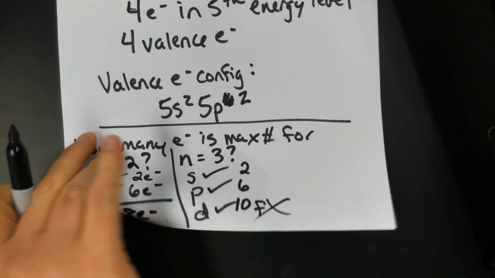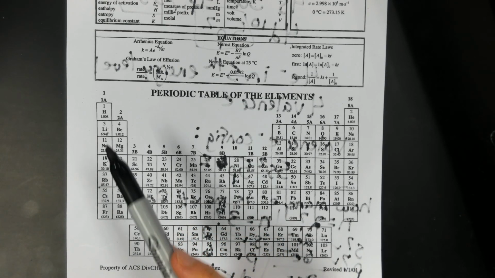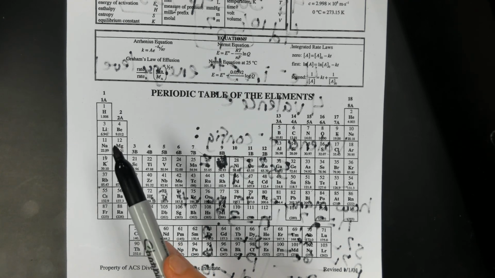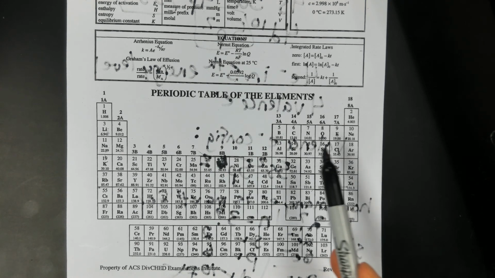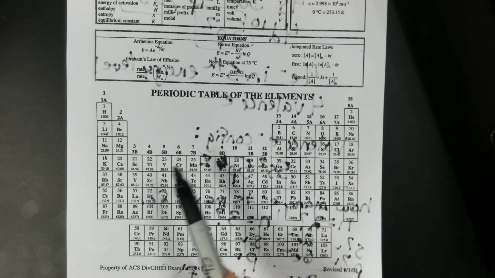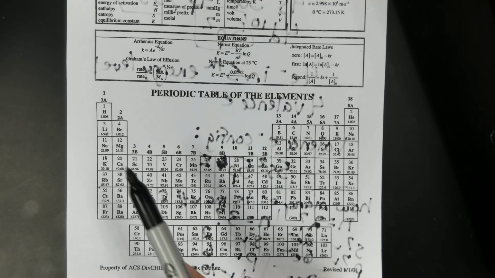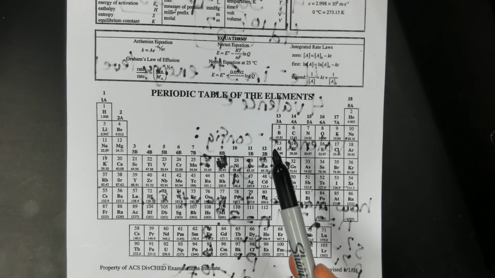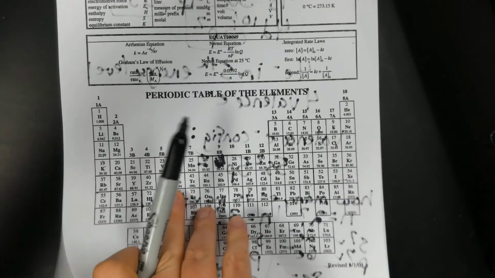I can identify where the 3s is; there are 2 electrons possible. Where's the 3p? Here. Where's the 3d? Here. If they are all filled in, 2 plus 6 plus 10 is 18.